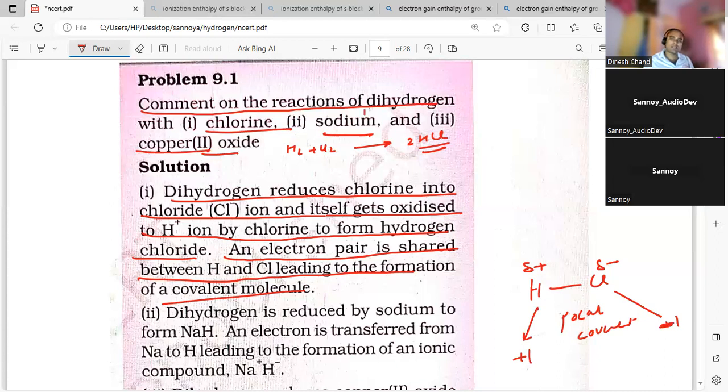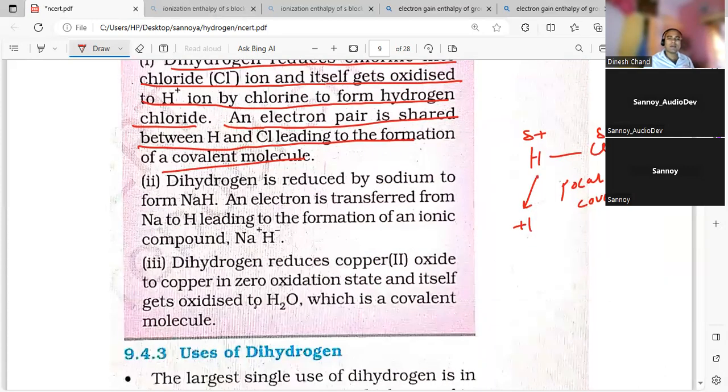But the second one, they are saying sodium. Sodium is going to form the hydride. Yesterday I told you that with a metal, it forms the hydride.